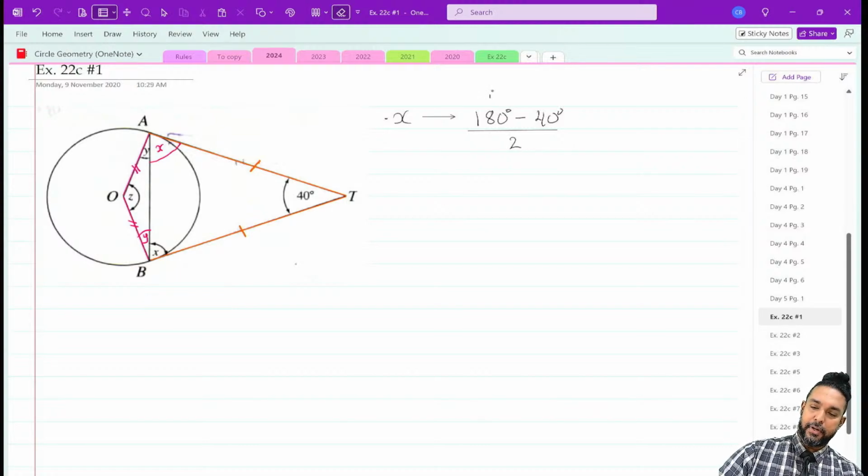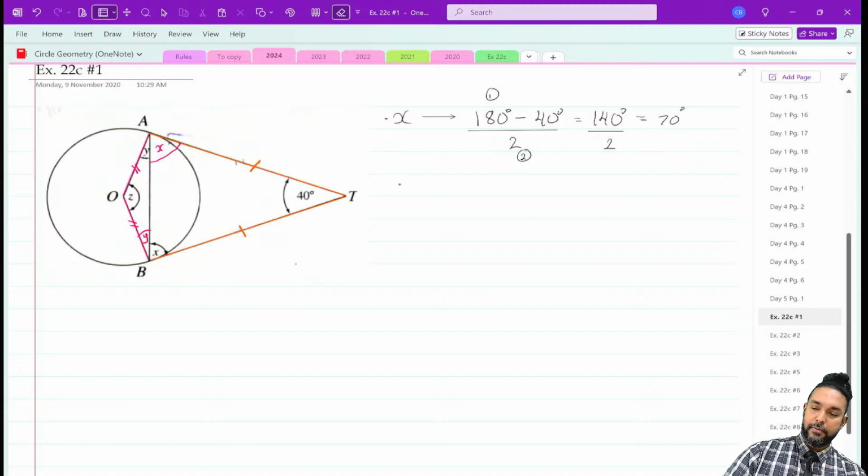We could do a little 1 here and a little 2 down here. So 180 minus 40 is how much? 140. And 140 divided by 2 is how much? 70 degrees.